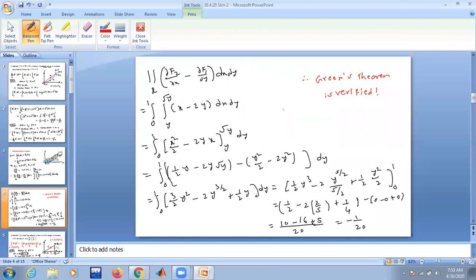That means you have to compute the integral over C of f1 dx plus f2 dy, and compute the double integral of dou f2 by dou x minus dou f1 by dou y, and show that both are equal. LHS must be equal to RHS. Then only this result is going to be verified. So verification of Green's theorem involves computation of both the integrals.